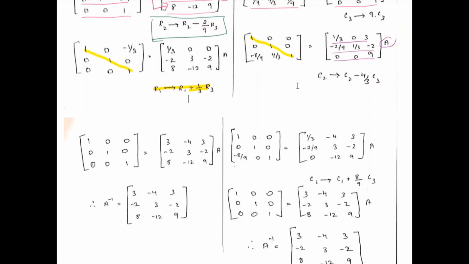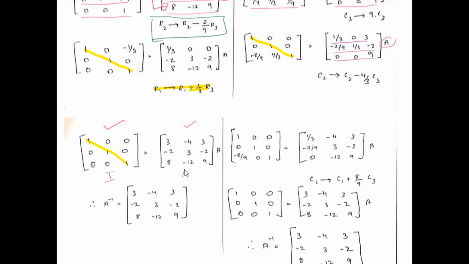So the matrix will become 1 0 0, 0 1 0, 0 0 1 is equal to 3 minus 4 3, minus 2 3 minus 2, 8 minus 12 9 into A. We already know that I is equal to A into A inverse.